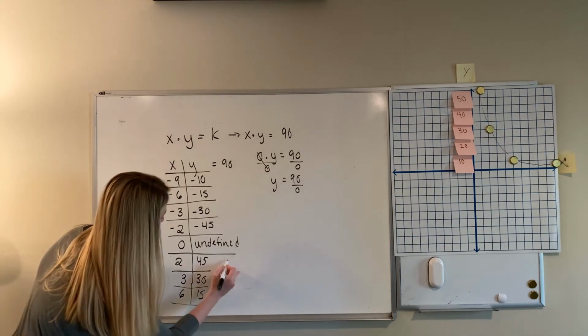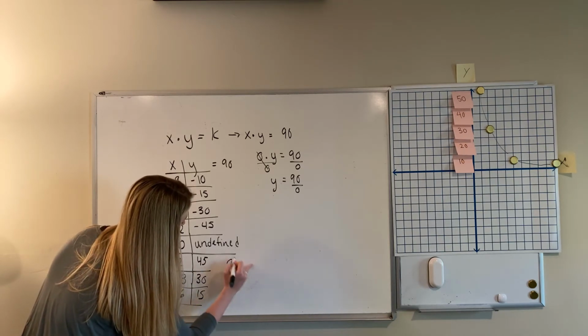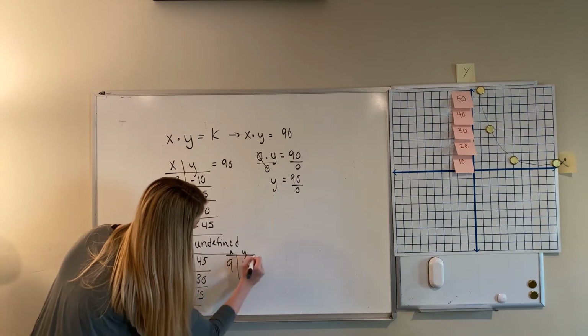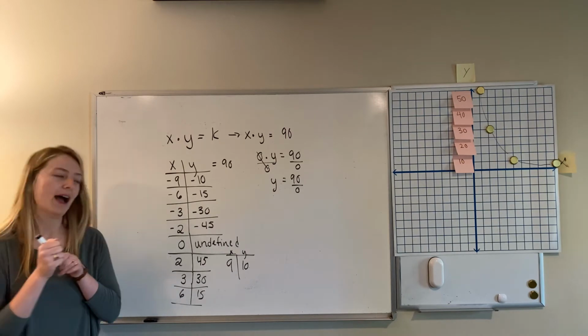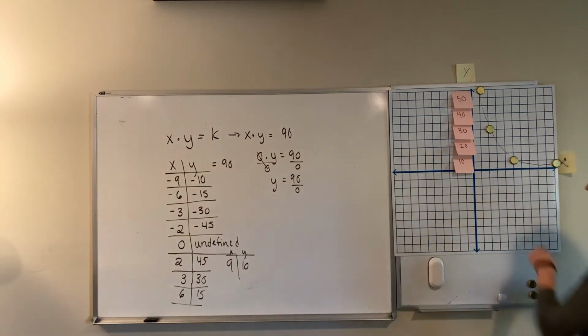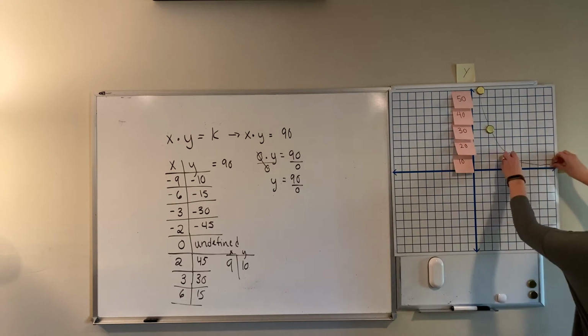And then lastly right here, I can have 9 times 10 is equal to 90. And all of this belongs to the same graph. I just have a breakpoint. I have a breakpoint along my x-axis because I have 0 as undefined. So let's see what happens when we go to graph this.